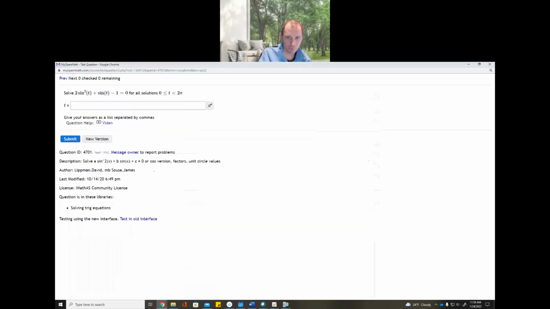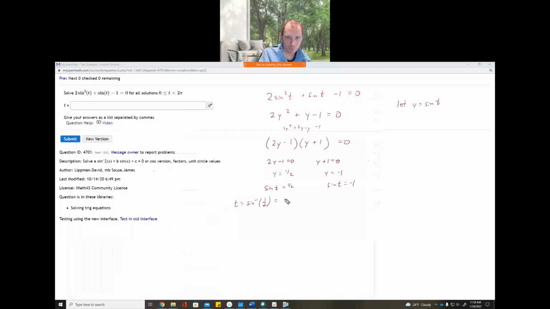So when I take sine inverse of 1/2, even if I didn't remember it, I can use my calculator to get that exact answer, 1/6 of pi, or pi over 6. So that's one solution. Then I take pi minus that to get the other. Pi minus pi over 6 is 5 pi over 6. So I get pi over 6 and 5 pi over 6.